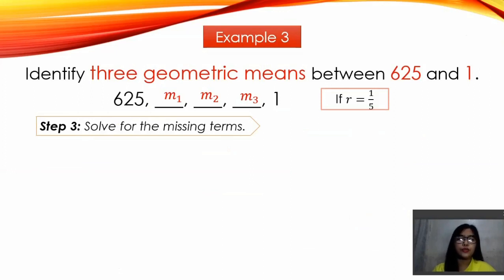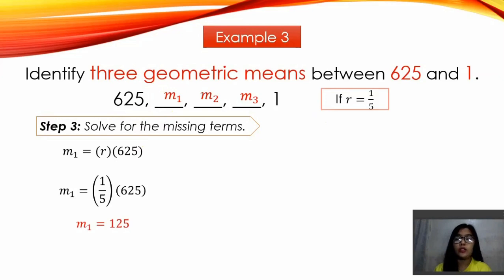Okay, so to find the value of m sub 1, the first geometric mean, that will be r times 625, or the term preceding m sub 1. So, substitute natin yung 1 over 5. That will be 1 over 5 times 625. So, that is 125. So, that is our m sub 1 or the first geometric mean.